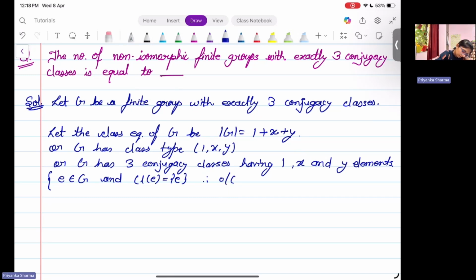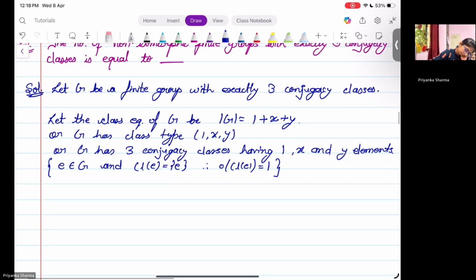Therefore, the order of the conjugacy class of the identity element will be 1. That is, in the class equation, the first entry will be 1. Okay. x and y can be 1, they can be greater than 1, but at least 1 entry in the class equation or in the class type must be 1, with respect to the identity.